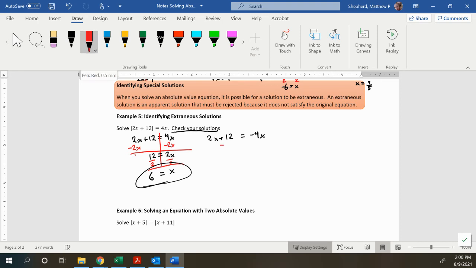Next, once again, I want to get the variable on only one side. I'm going to switch it this time because that 4x is negative. So I'm going to add things so that I get nice positive numbers. 6x plus 12 is equal to 0 minus 12.